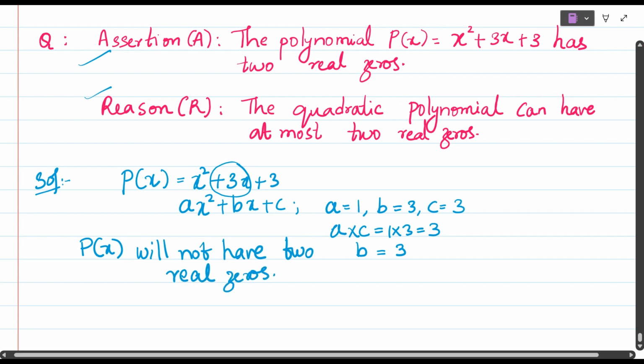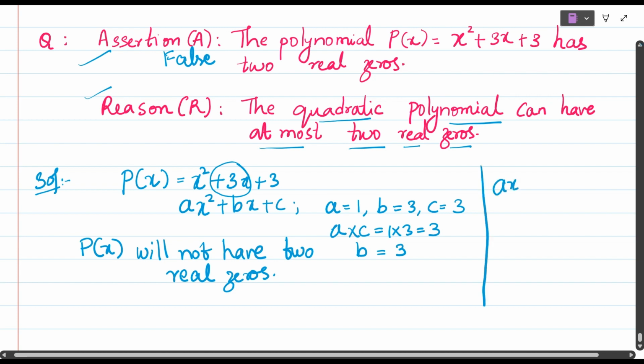So what is the assertion? This is true or false? This is false. Okay. And next, coming to reason. The quadratic polynomial can have at most two real zeros. So the quadratic polynomial is ax square plus bx plus c, isn't it?